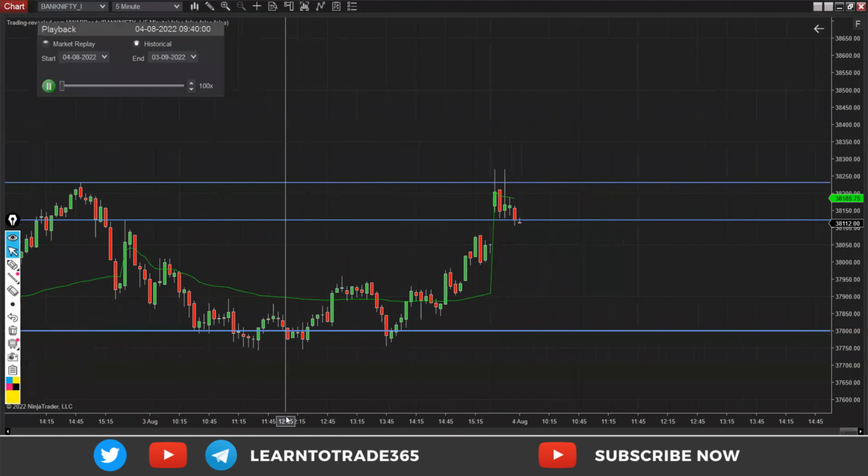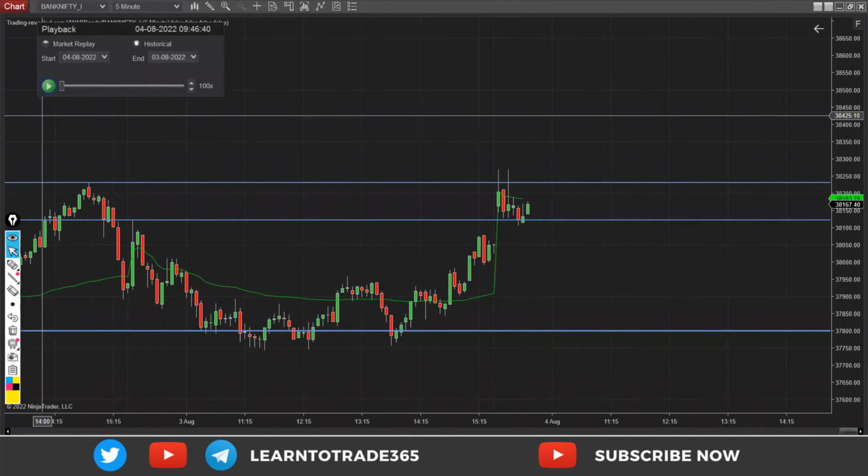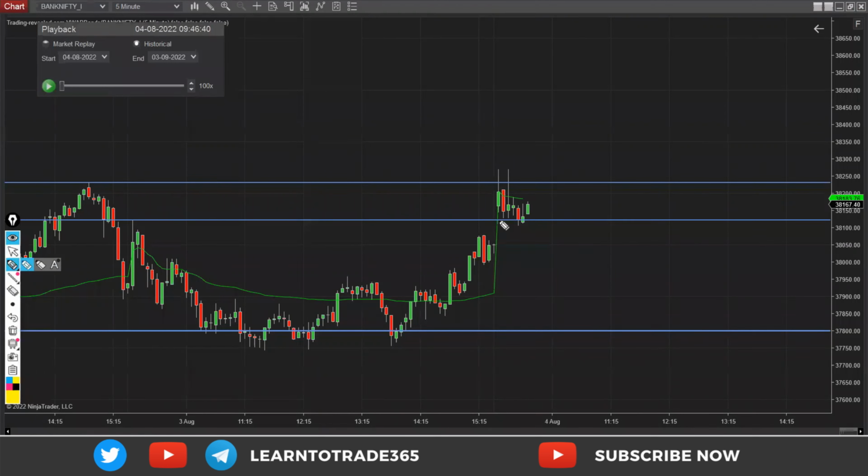Okay, let me zoom here. So what is happening here? Market opened above the previous day's high. Previous day's high, and this is 2 days back's high.